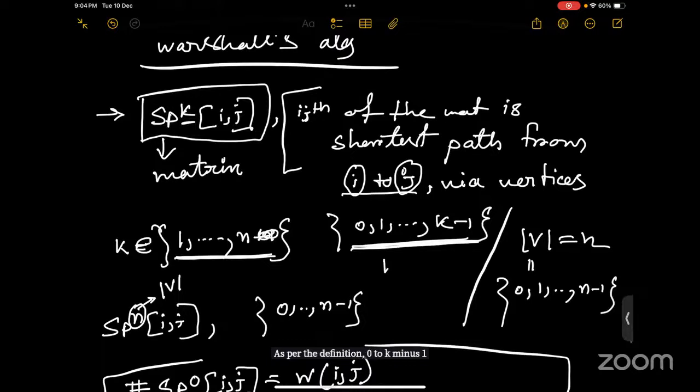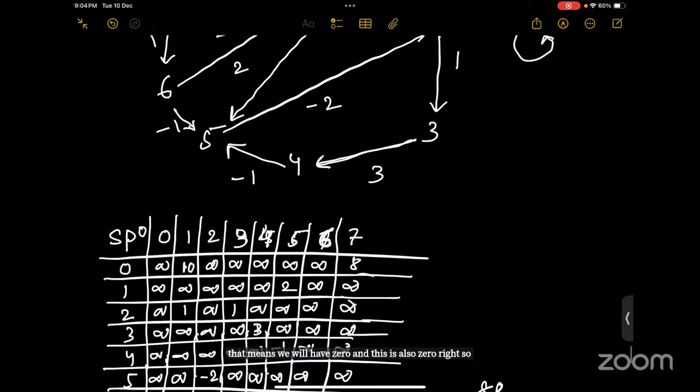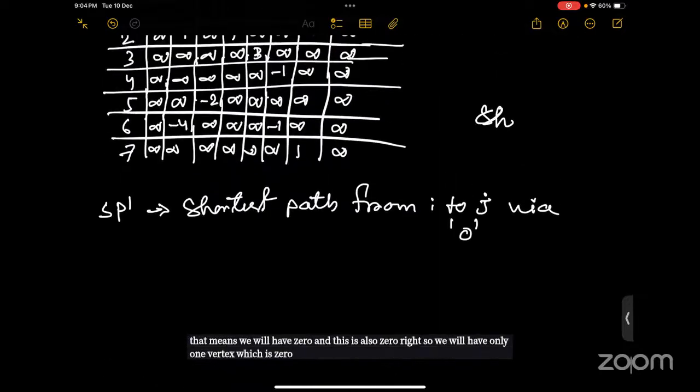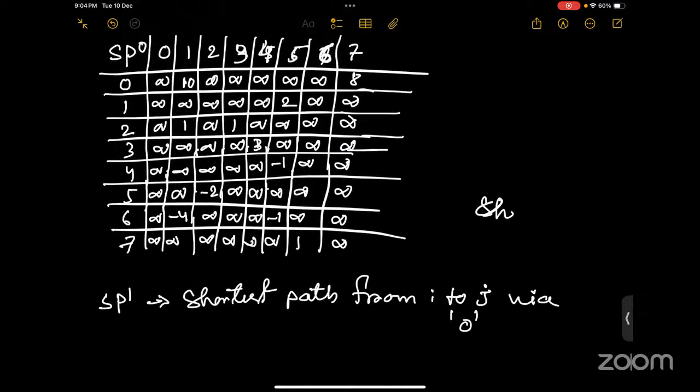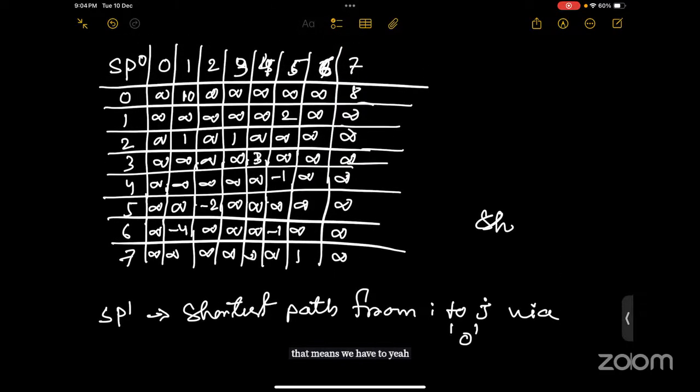Because we have K equals 1, we will have only one vertex, which is 0. So we have to fill the entries that represent the shortest path from I vertex to J vertex via the vertex 0.